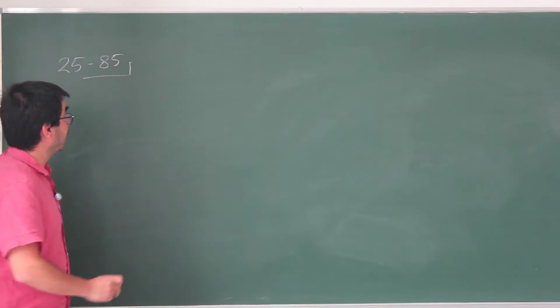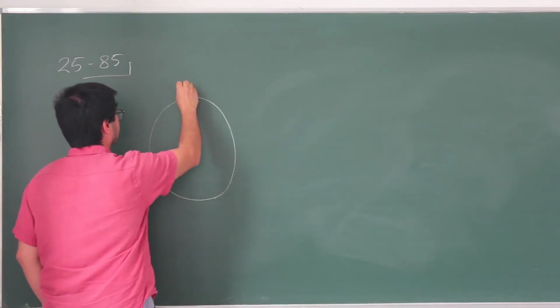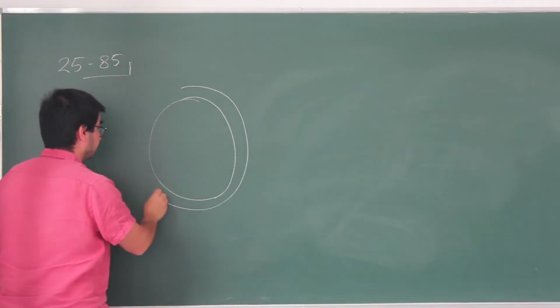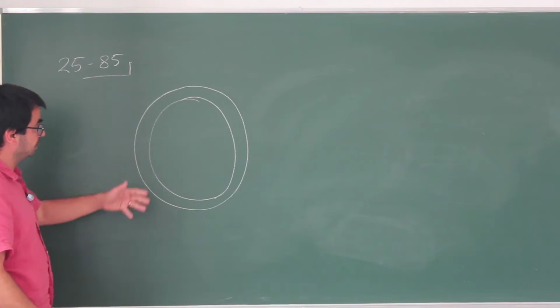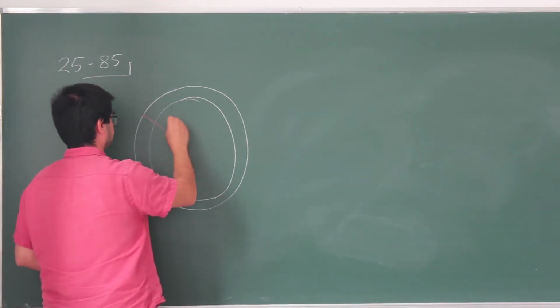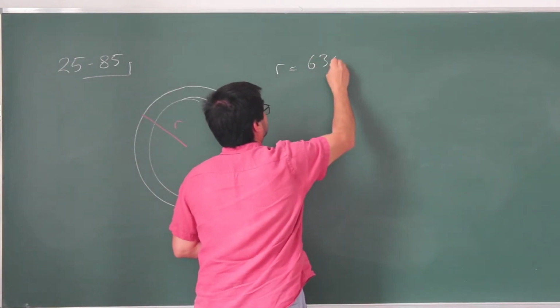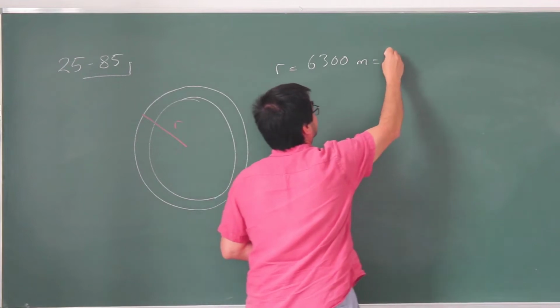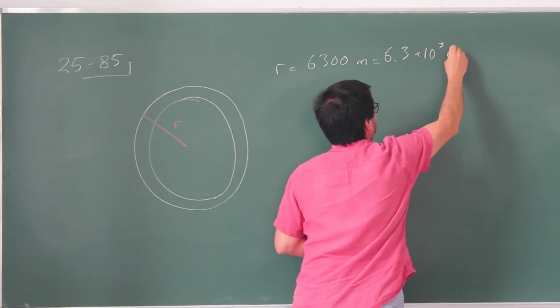Okay. So we have a beam of protons that go around in a ring. So this is probably very, very thin with respect to its radius. This ring has a radius of 3,600 meters, or 6.3 times 10 to 3 meters.